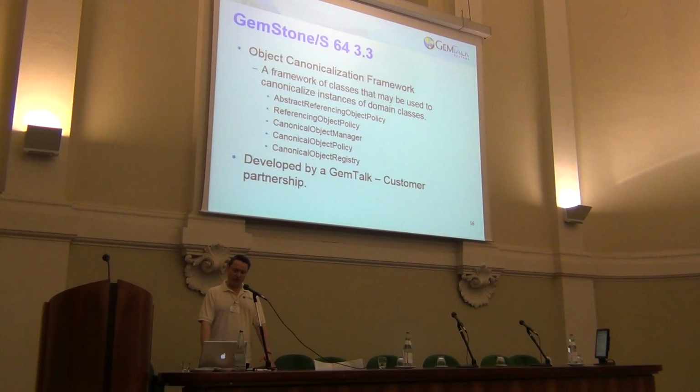And there was really no good public way to canonicalize things like that up until now. So now there's a framework of classes that support this: canonical object manager, canonical object policy, etc. Where if you have objects where you know there are a lot of duplicates in value, string is one, date could be another, things like that, you can try to canonicalize them and get your object count down inside the database.